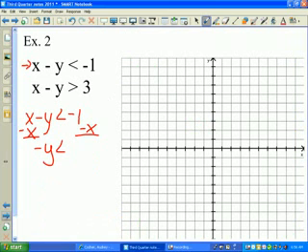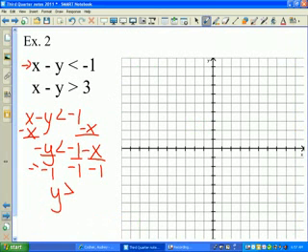You have -y is less than -1 minus x. I don't want just -y, I want just y. So that means I have y is greater than, because I divide by a negative, 1 plus 1x.